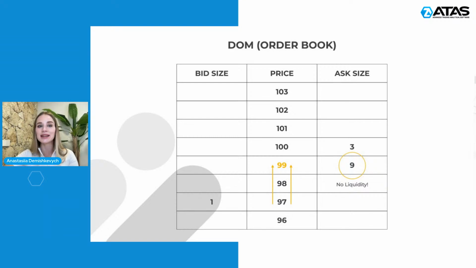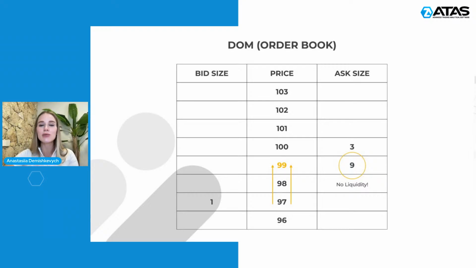Now imagine that an aggressive buyer enters the market and wants to buy one contract at the market price. The current price is 97, but there are no more limit sell orders at the price of 97, and there are no more limit orders at the price of 98.